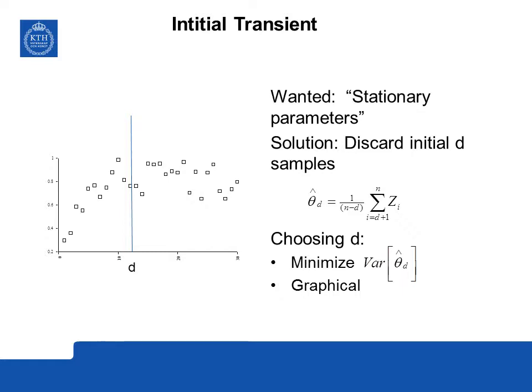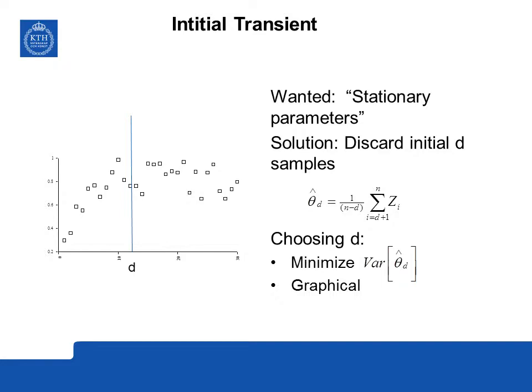If we have small D, then there will be an effect from the transient period. We take transient data into the sum, which will distort the data and also the estimate, and increase the variance. If we discard too many, if we increase D too much, then there will be very few samples, and the variance of the estimator will be high for that purpose.